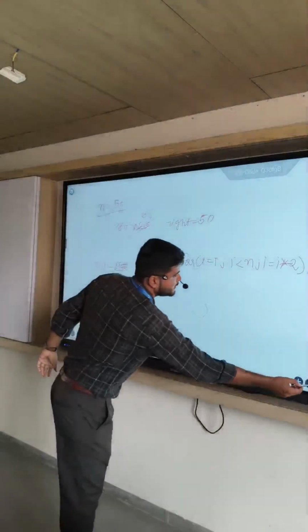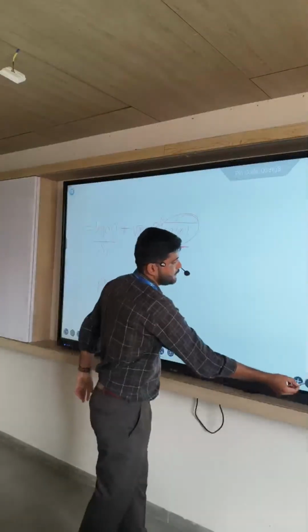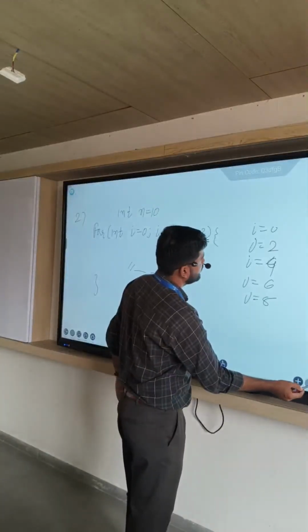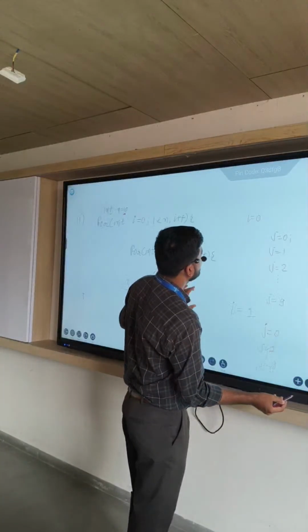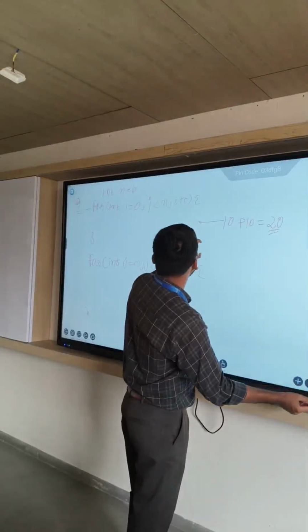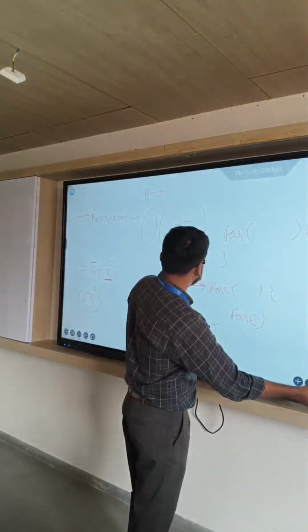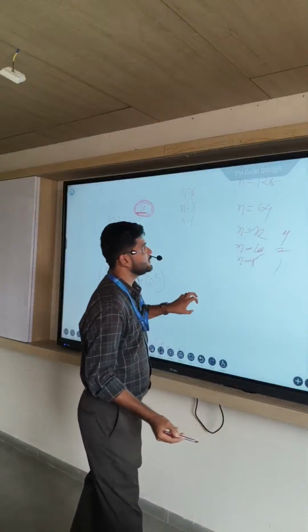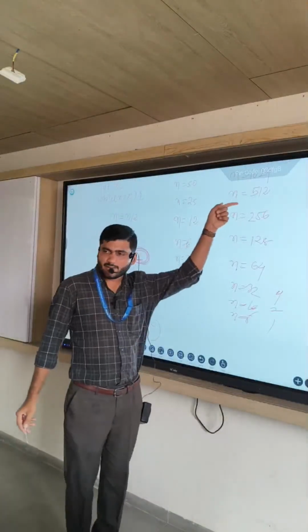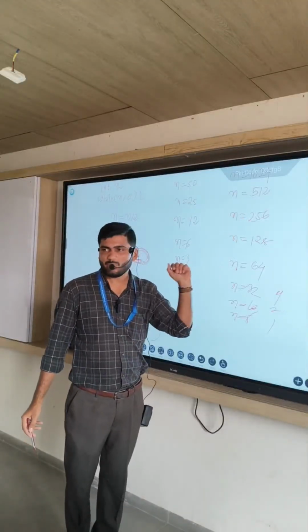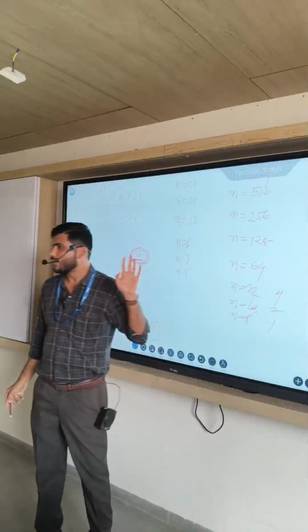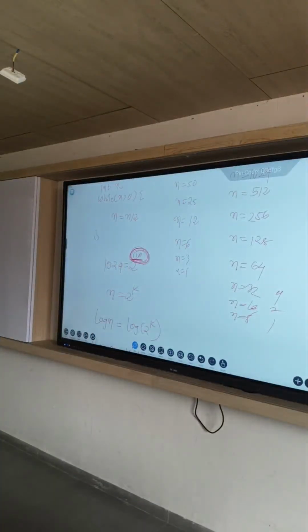Because recently what we have discussed, see this class, यहाँ पे हर बार क्या हो रहा है? डिवाइड बाय 2 ही तो हो रहा है। 1024 डिवाइड बाय 2 डिवाइड बाय 2 डिवाइड बाय 2 डिवाइड बाय 2। या तो रिवर्स भी ले लो, 1 into 2, 2 into 2, 4 into 2, 8, 16, 32, 64. यही तो हो रहा है। जब भी किसी भी लूप के अंदर ऐसी चीजें हो रही हैं, या तो डिवाइड बाय 2 या तो मल्टीप्लाई बाय 2, always the time complexity is order of log n.